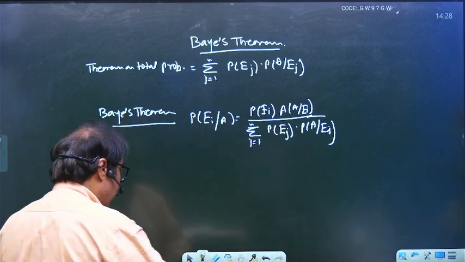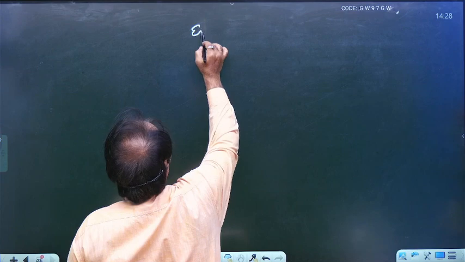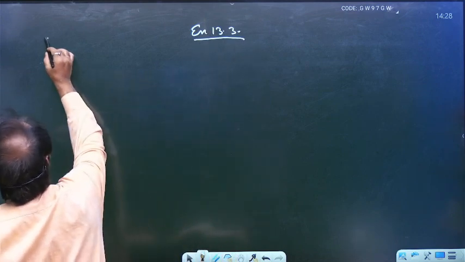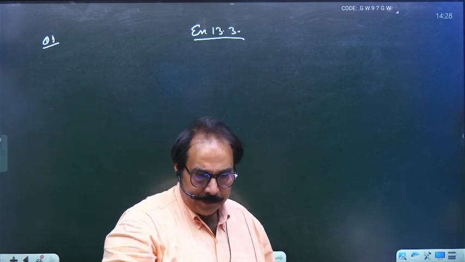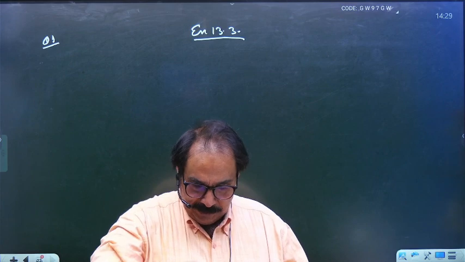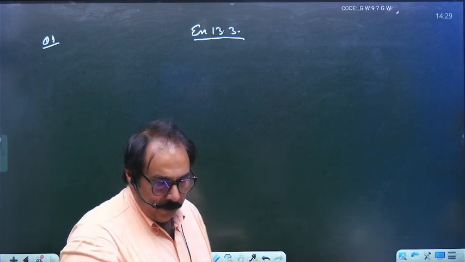So now we are going to exercise 13.3. The very first question, question number 1. An urn contains 5 red and 5 black balls.